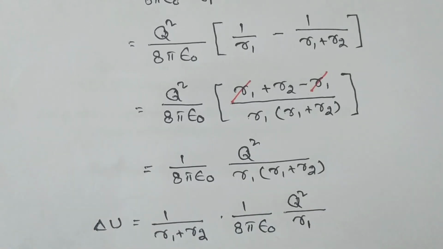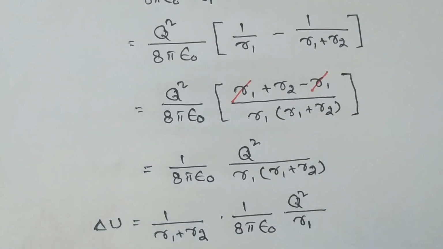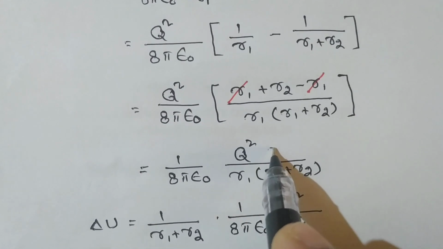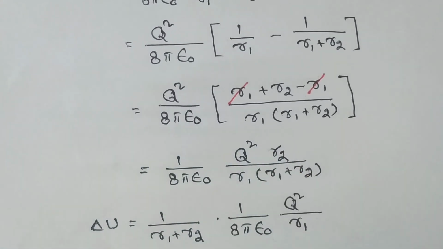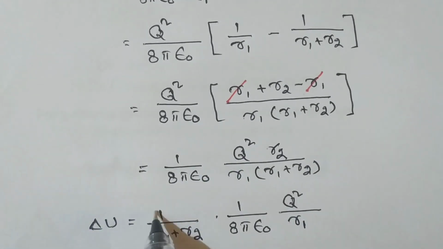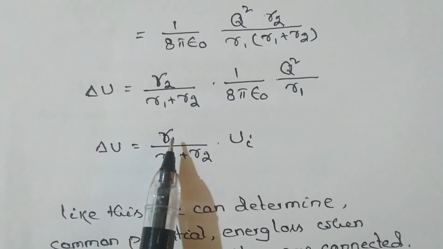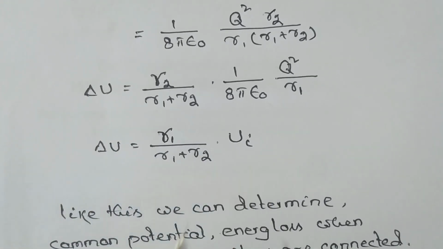Here R2 will be there. Then delta U equals R2 divided by (R1 plus R2) into 1 by 8 pi epsilon 0 Q square by R1, or I can write delta U equals R2 by (R1 plus R2) into Ui.